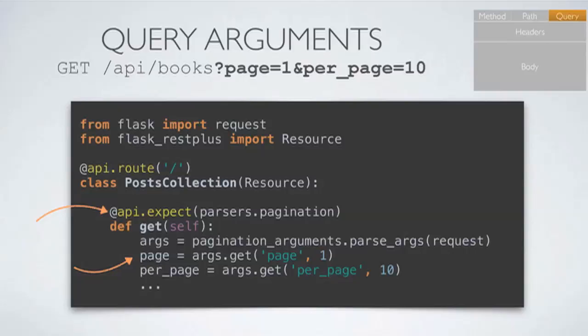So in order to attach this validator to your method, you simply use this Python decorator, API expect, and that is enough to have the framework check the correctness of the arguments coming in. You can then use them directly in your method to get all the values from the request coming in.